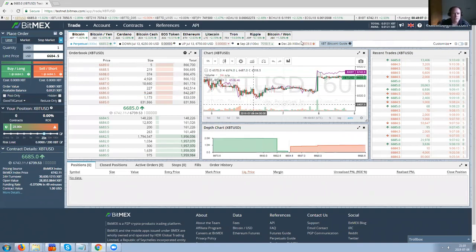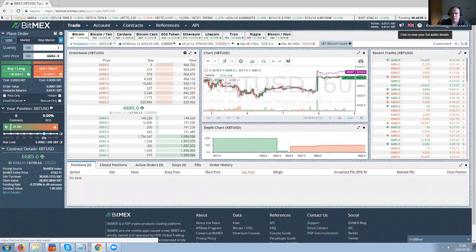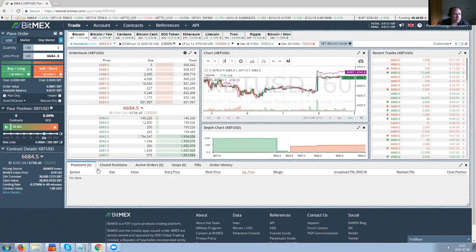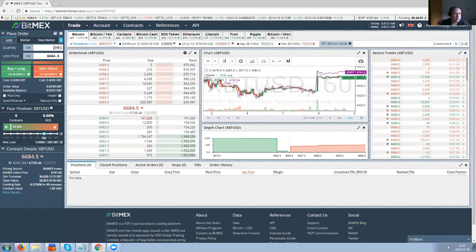You start with an available balance of 0.01 XBT, and that's the equivalent of 1,000 contracts, 150 USD. So this is the main screen for Bitmex.